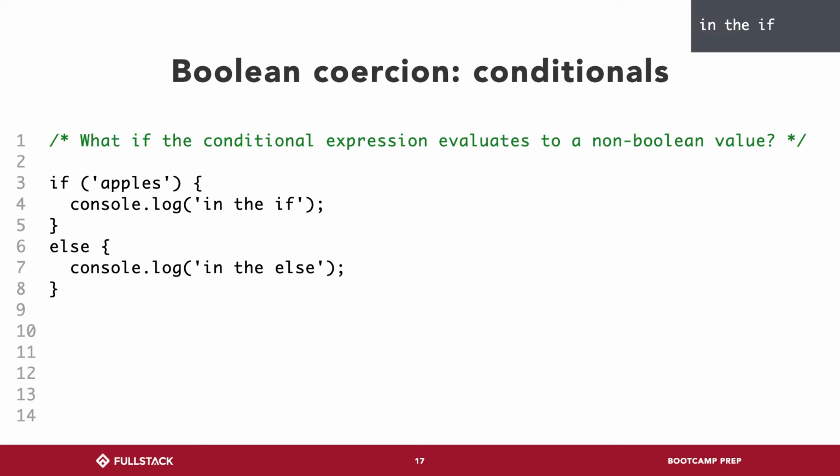So then the if statement actually takes that value and coerces that into a Boolean. Does that make sense? Because the string apples, if you coerce it into a Boolean, would be true. So then this runs. If that was an empty string, you coerce that, that would be false. So then the else would run.